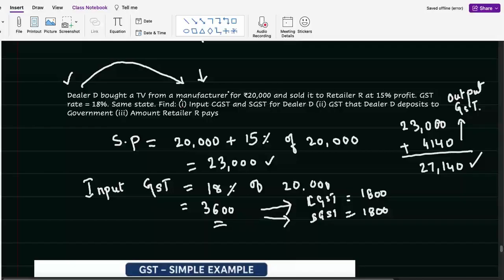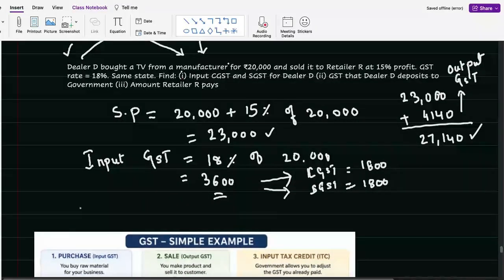Correct? What he will do is pay to the government the difference between this output GST and input GST. I am not writing it here because I have already pasted something very important, and I am trying to save some space. So, for simplicity, the GST payable to the government is output GST minus input GST.